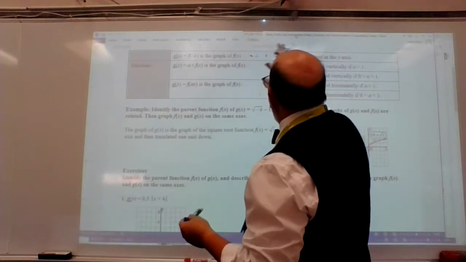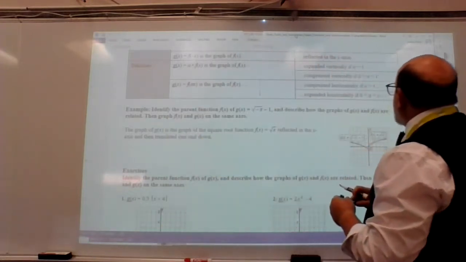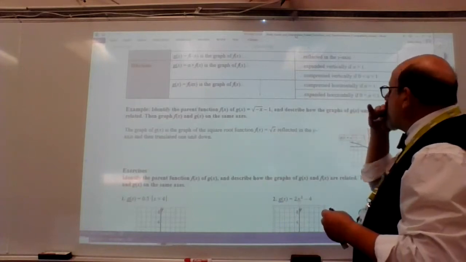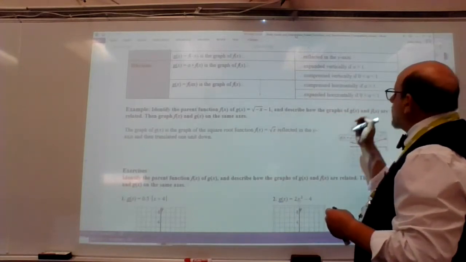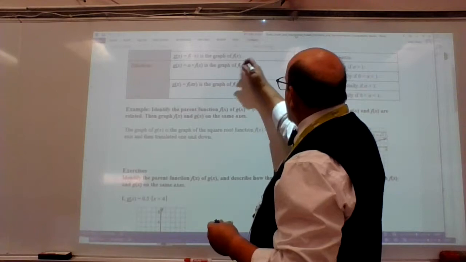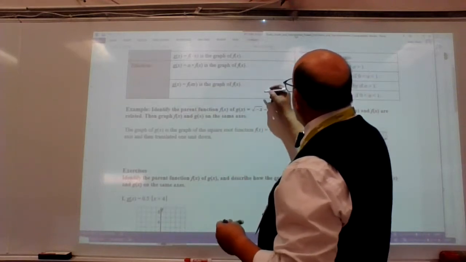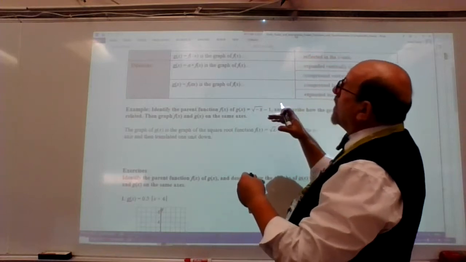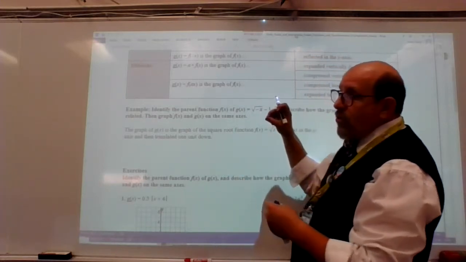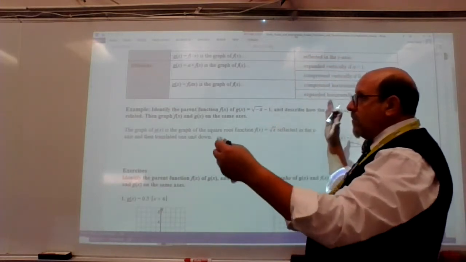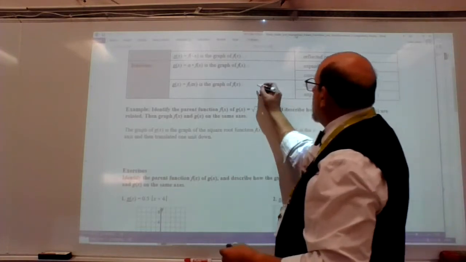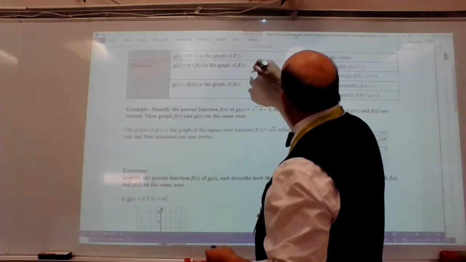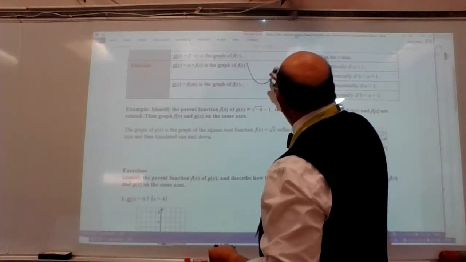The same kind of thing happens if it's compressed horizontally. If a is greater than 1, then we're going to talk about this being compressed horizontally. Horizontally means it's going to be pushed in, right? Well, it looks virtually the same.